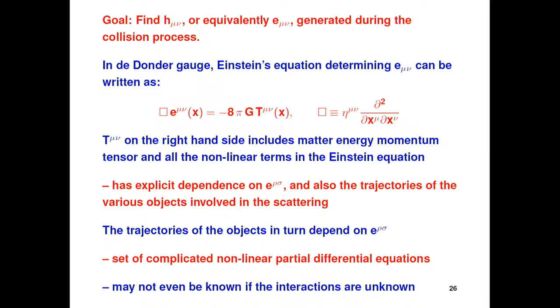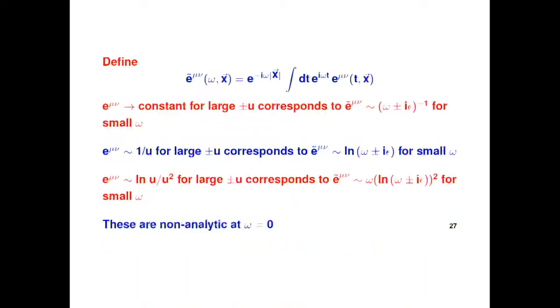And furthermore, we may not even know what the full structure of T mu nu is, because we may not even know what all the interactions involved are. If there are nuclear forces involved, then those will also go into the expressions for T mu nu, and we do not a priori know what kind of forces there may be. Anyway, so let us proceed.